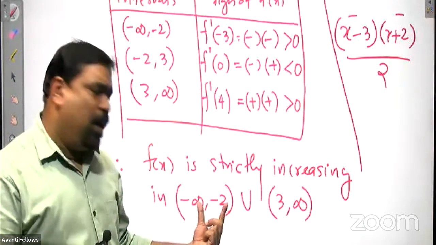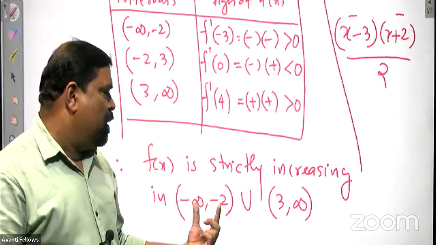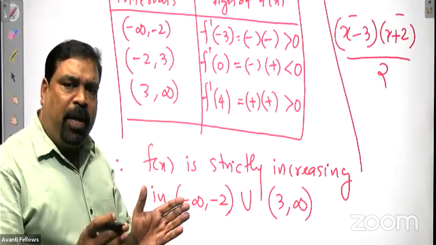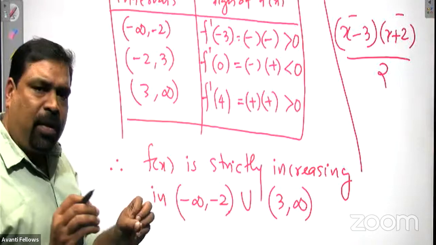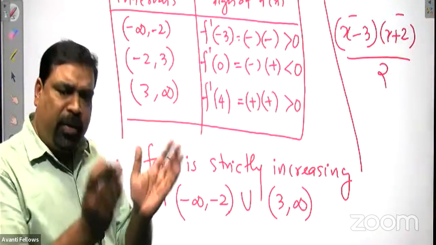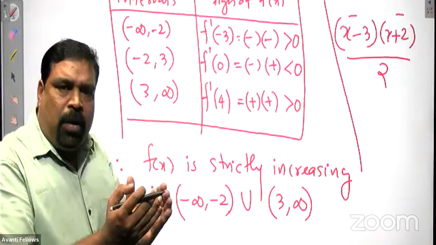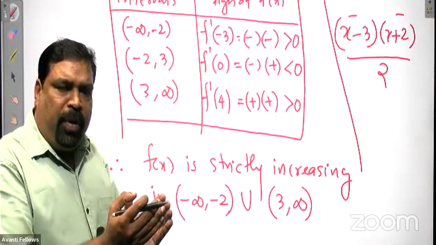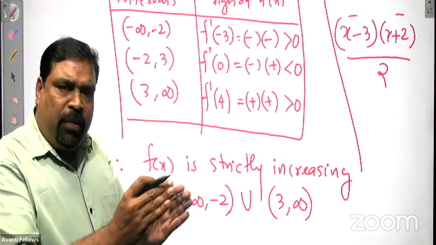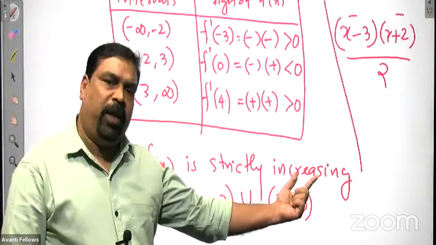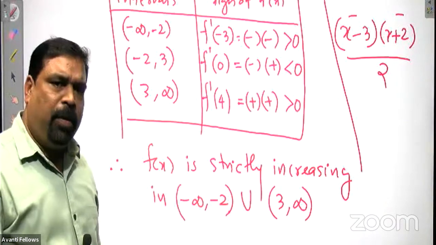We have a theorem like that: if a function is continuous in a closed interval and its derivative is strictly positive in the corresponding open interval, then if you include the end point also to that interval, we say the function is only increasing. That is not a big thing actually.